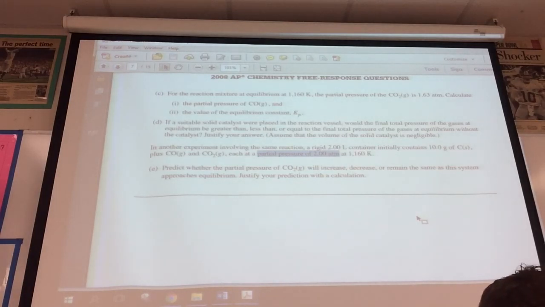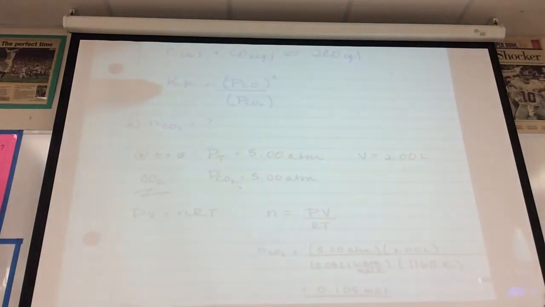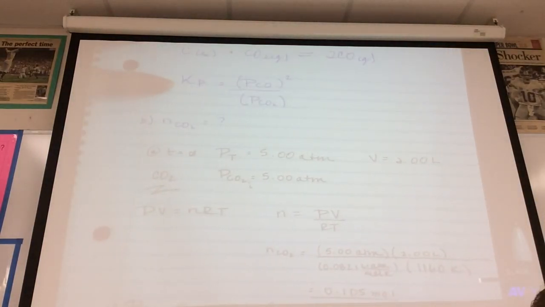So I'm telling you, you have 2 atmospheres for both. Look at this Kp. The Q would be written the same, except you would have initial amounts. They're both 2. Be careful. What would the Q be? You'd have 2 squared divided by 2, so you'd have 2.